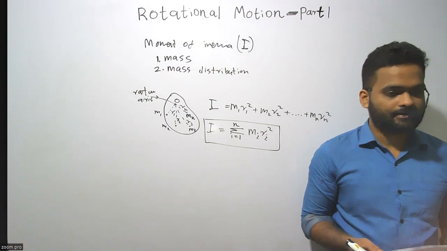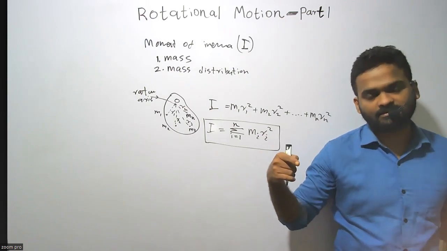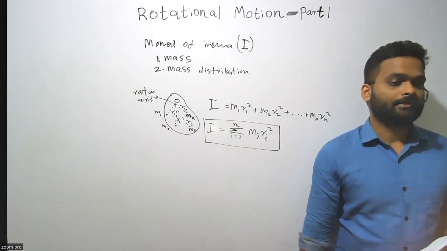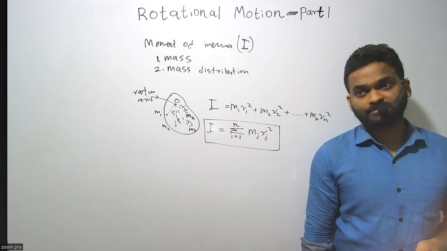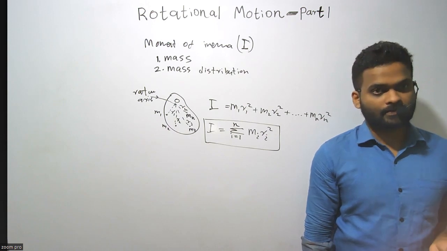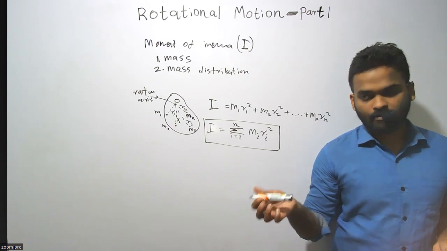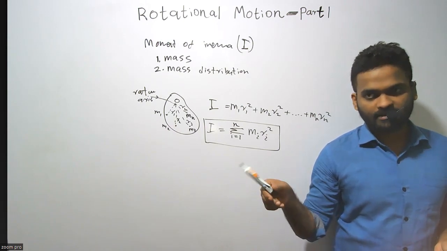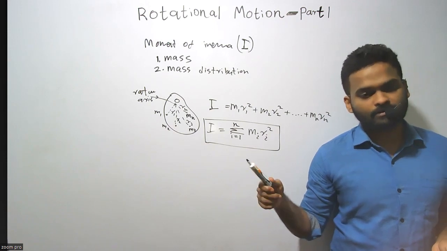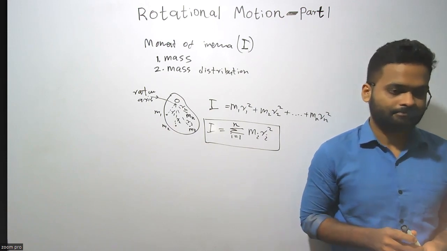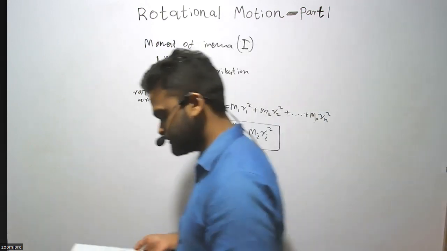It could be the same object, but depending on where the rotational axis is, the moment of inertia can change, right? Like the same object, but around different positions, different rotational axes, you have different moments of inertia. Okay, you can take this down.